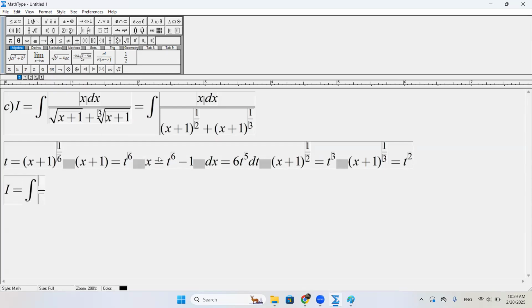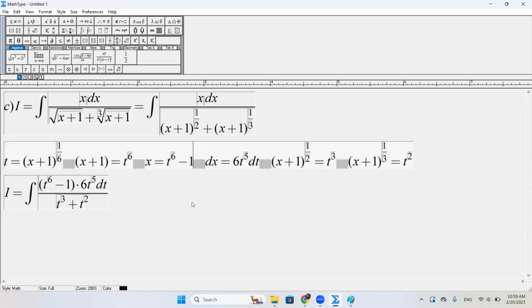So t in power of 6 minus 1 by 6t in power of 5 dt, and what here? t cube plus t square.